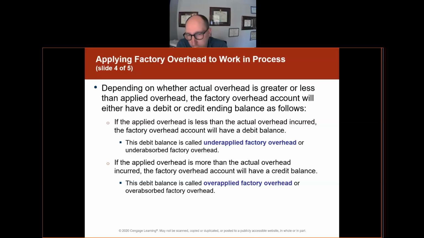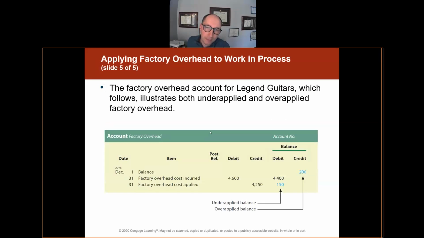If you over apply factory overhead, meaning we estimated it to be lower than it actually was, then you'll have a credit balance in factory overhead. And when that happens, we do this fancy thing called adjusting entries to fix it. So fun.